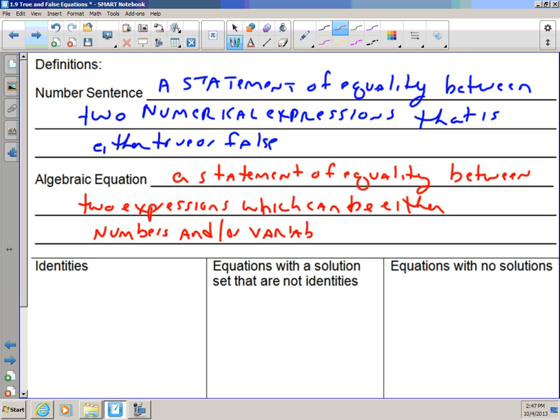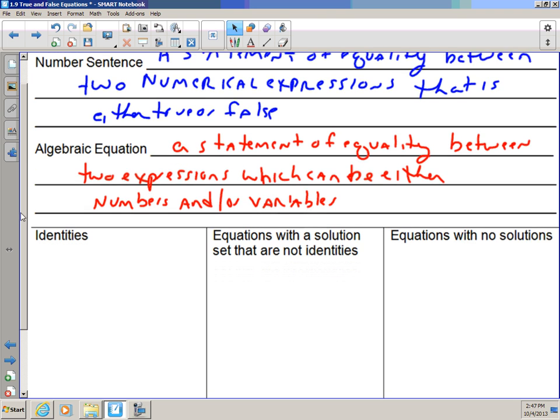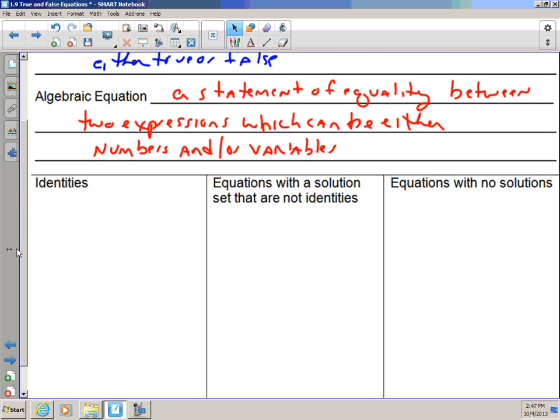Again, we don't really get hung up on definitions as if this was an ELA class, but we want you to be at least aware of what we're talking about when we use these terms.